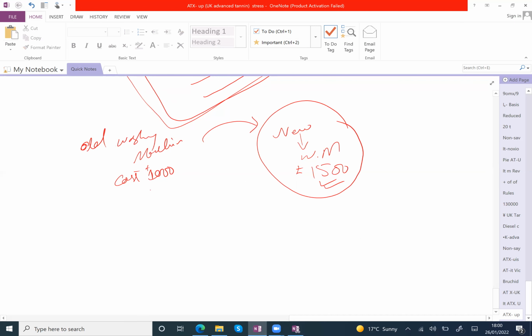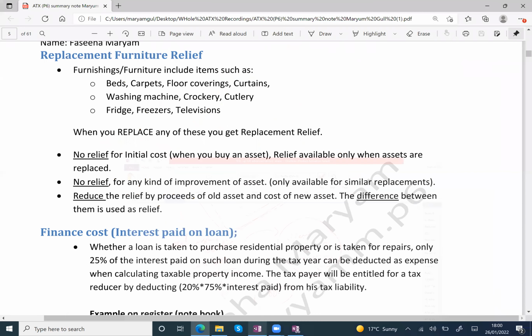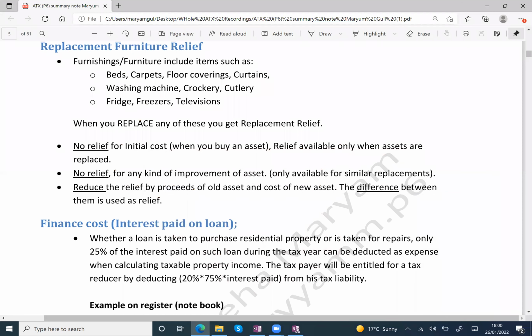Yes, very good. So up to the old asset cost, you can get the relief. So up to 1,000 you can deduct from your rental income as an allowed expense. Very good. Next, the last point: reduce the relief by proceeds of old asset, and the difference between the cost of new asset and the proceeds is used as a relief.